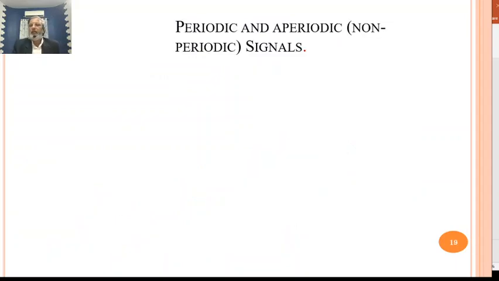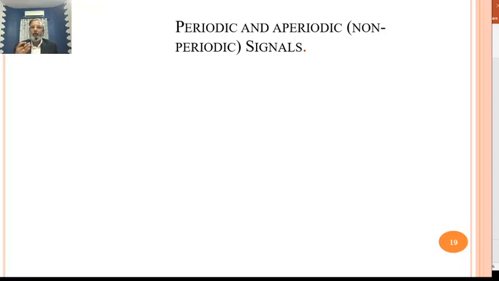Then the periodic signals and aperiodic signal, that is non-periodic signal. A signal which repeats itself after a certain interval of time for infinite time is called the periodic signal. And a non-periodic signal does not repeat itself after a certain interval of time.